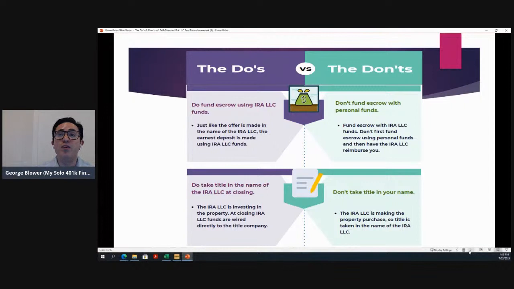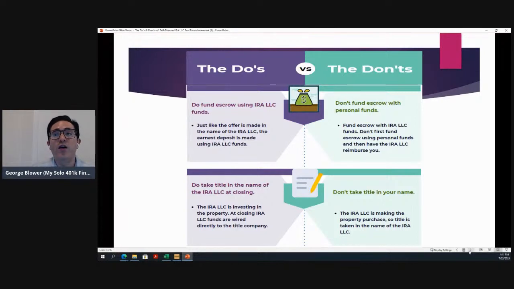So they may be tempted to put the offer in their name personally and use their personal funds. And you can't do that. You really need to do things properly, making the offer in the name of the IRA LLC, funding the earnest deposit with those IRA LLC funds. That's where it's helpful to get everything set up in advance so that you're ready when it's time to make that offer and you find a property that you want to invest in.